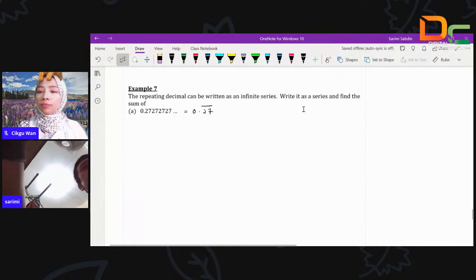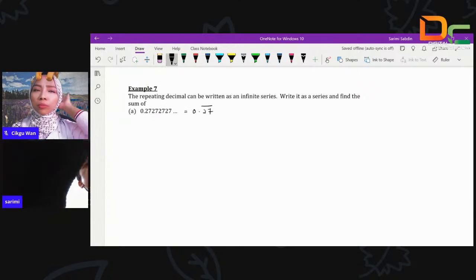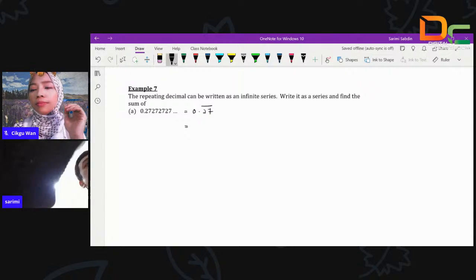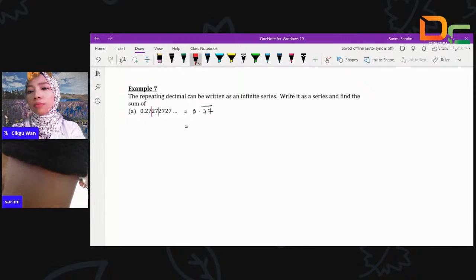Okay, we can change this to a fraction form. Cara dia adalah kalau kita tengok sini, kita boleh separate sum of the number here. Contohnya sebabkan dia berulang pada 27, 27, 27, we can separate pada tempat yang dia berulang tu lah.